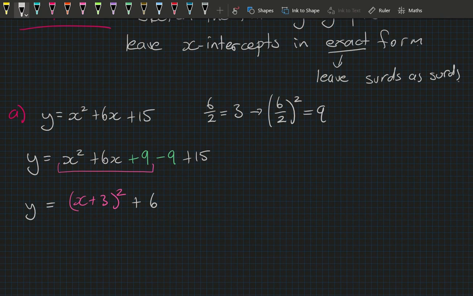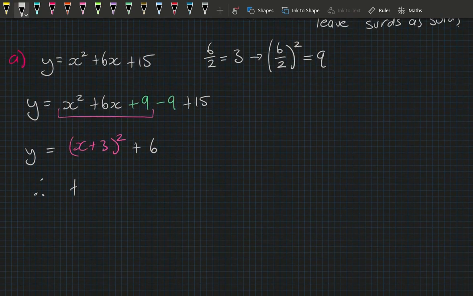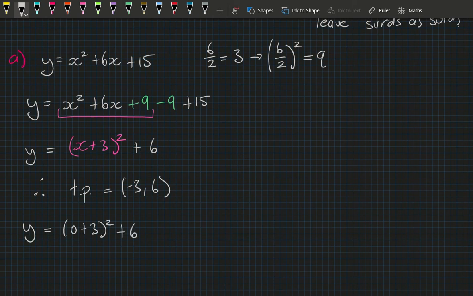So we know that our turning point is going to be minus 3, 6. Okay, because plus 3 is minus 3. And the y-intercept is 0 plus 3 all squared plus 6. Just by subbing 0 in for x. And of course, 3 squared is 9 plus 6 equals 15.